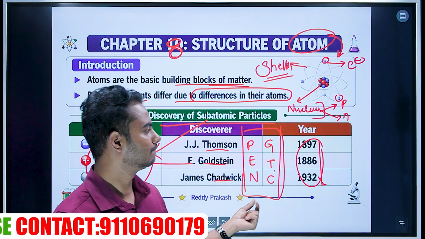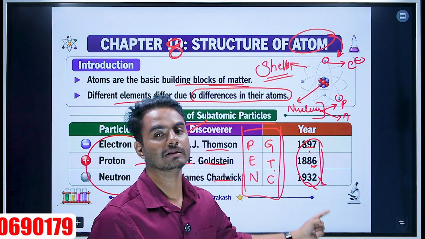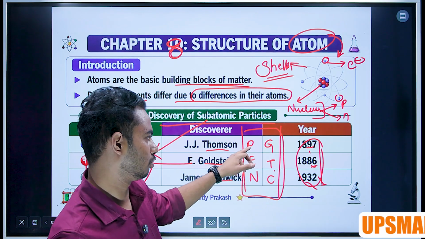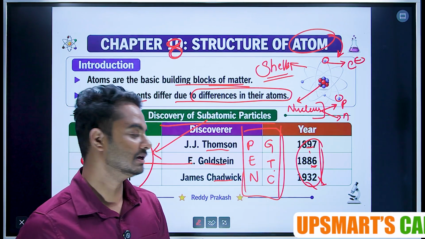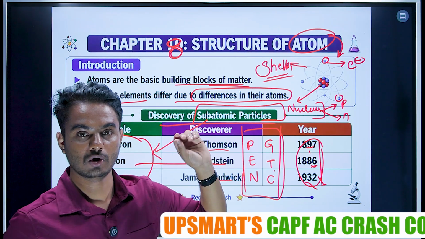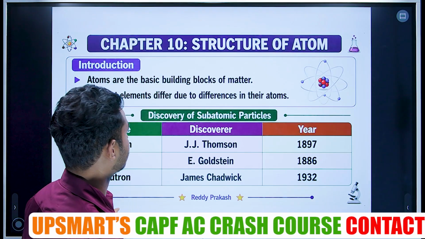But you can remember more or less the decades: 1880s, 1890s, 1930s. That is more than enough. And the chronology might be important. It is in the chronology of PEN only. Easy. This was the discovery of subatomic particles. And the smallest particle of an element is the atom. Easy with that? Let's move ahead.